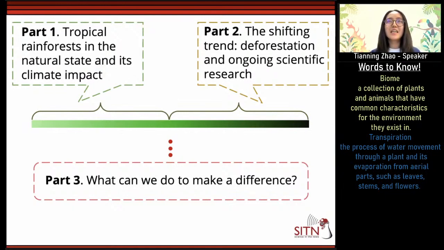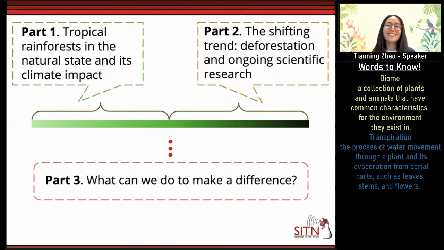But from the papers I read before, people studying carbon cycles found that those secondary forests could grow up as trees in maybe 10 to 20 years, but in those early 10 to 20 years, their ability to take in carbon dioxide is not as strong as the mature rainforest. So yeah.